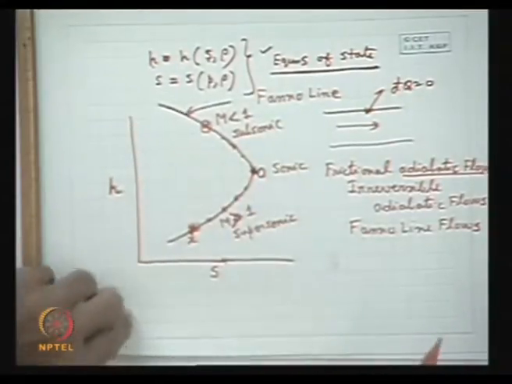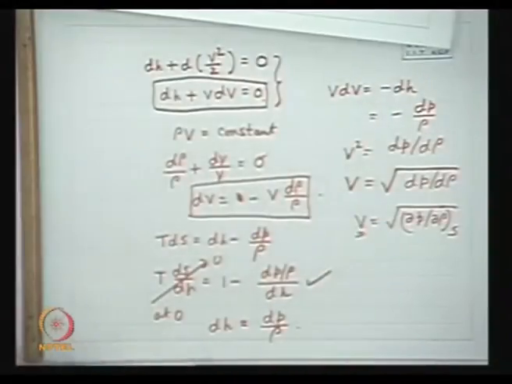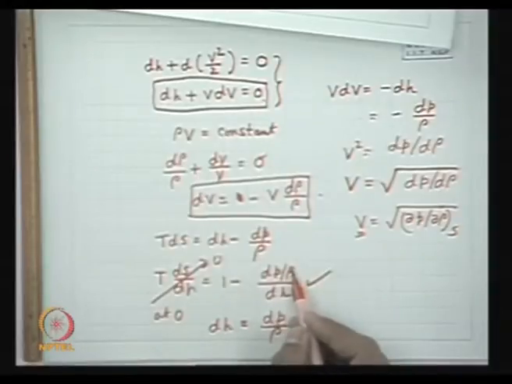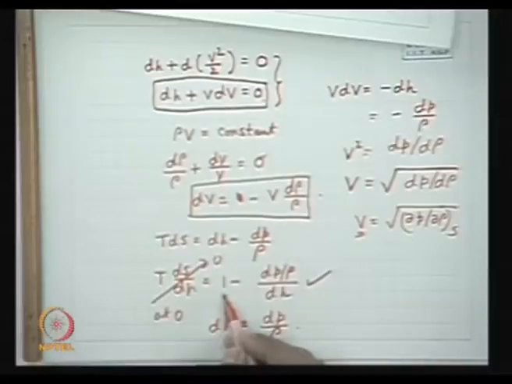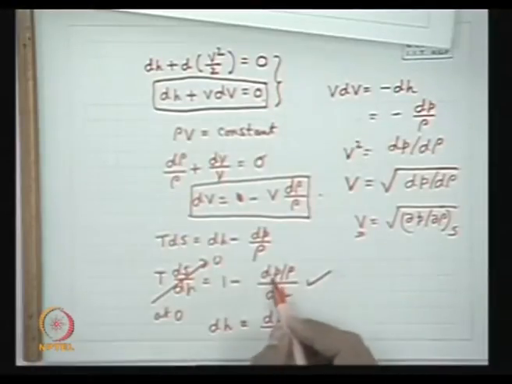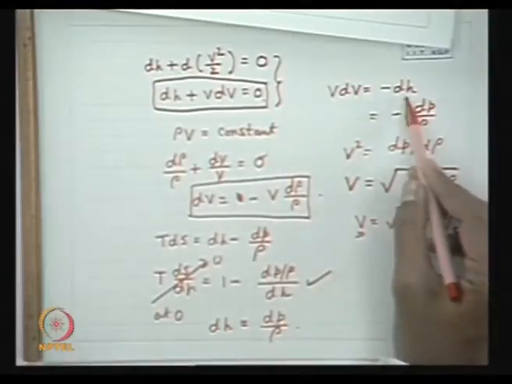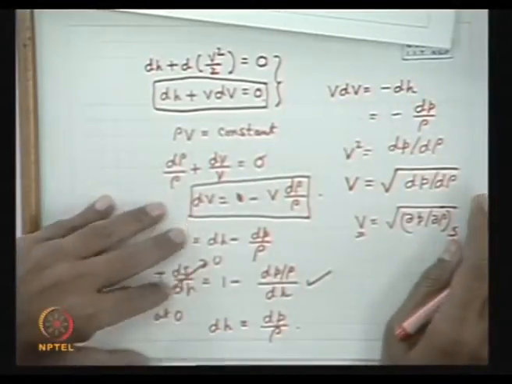So for the part where ds by dH is positive, then (dP by rho) divided by dH has to be less than 1. That means dP by rho has to be less than dH.